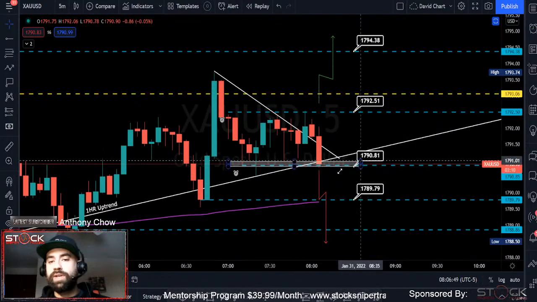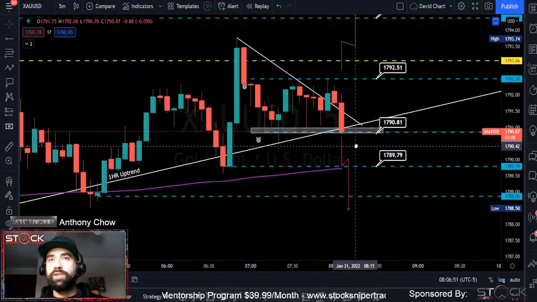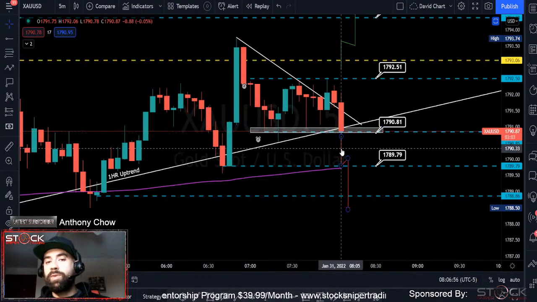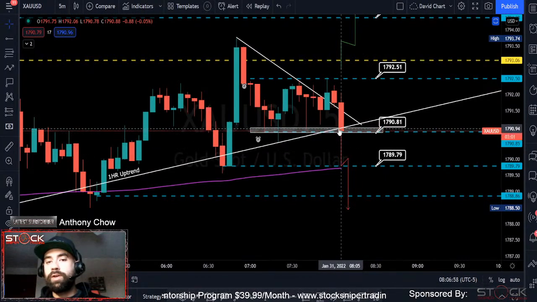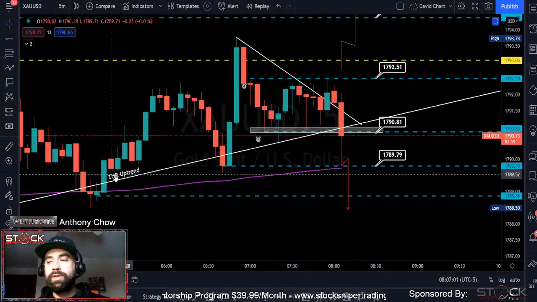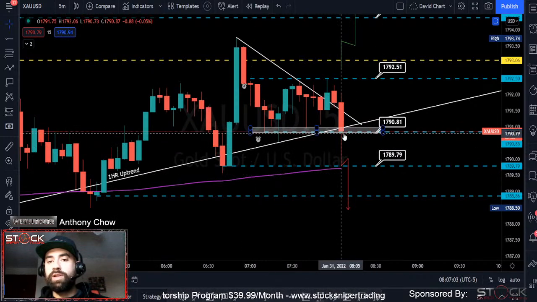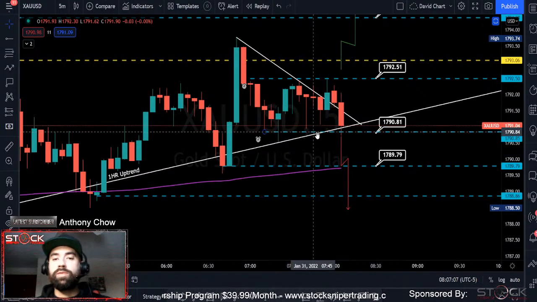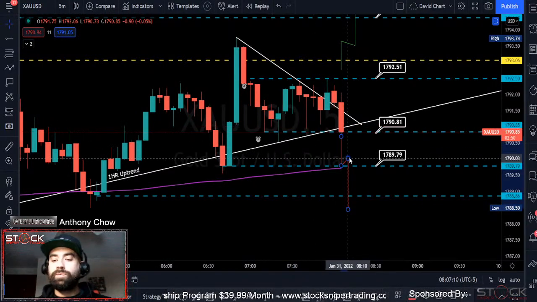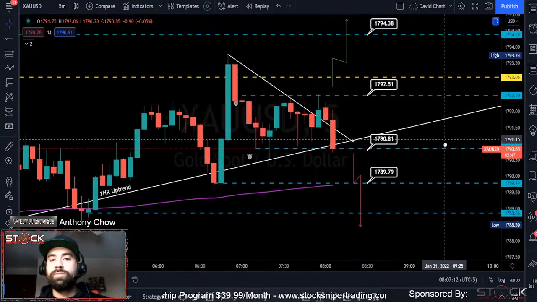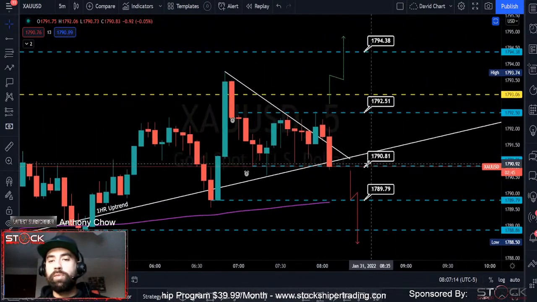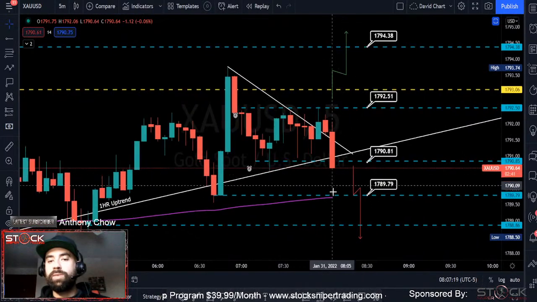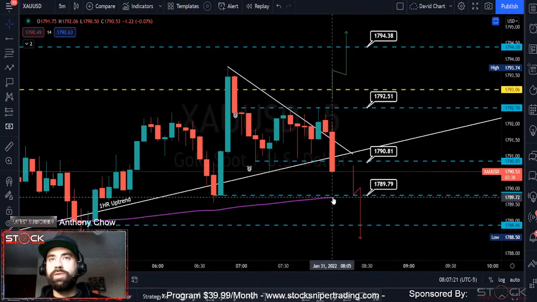If it starts to close below 1790, guys, you can see that we're going to start to walk down, but it's got to hold here, because remember we have that hourly uptrend, so it's slowly starting to break. Let me just erase this for you guys so you can see it. If it breaks from 1790, we're going to 1789.79, which is near the 200.